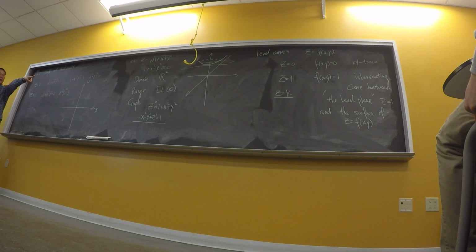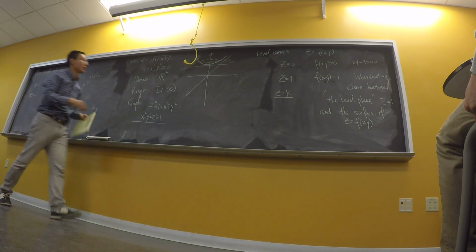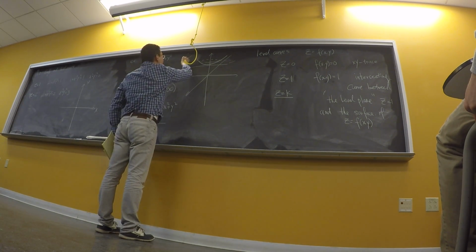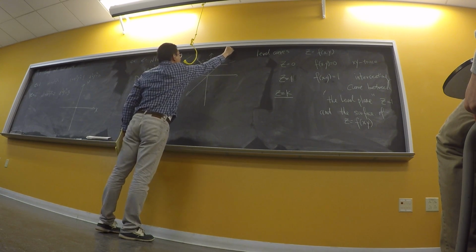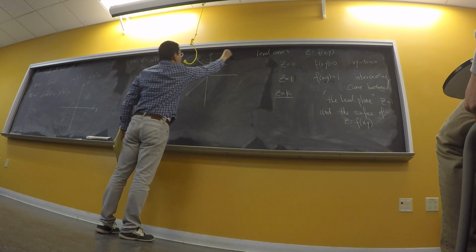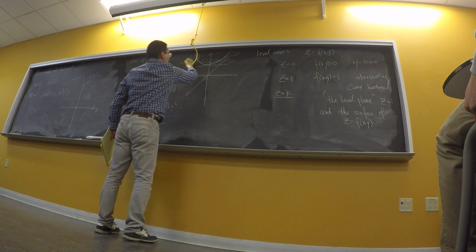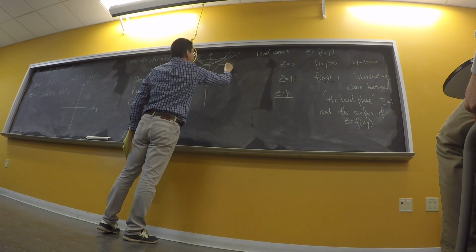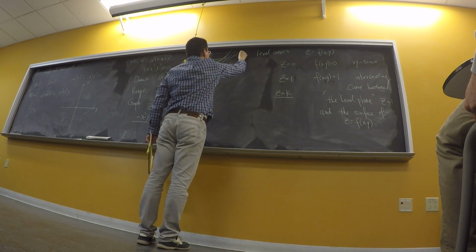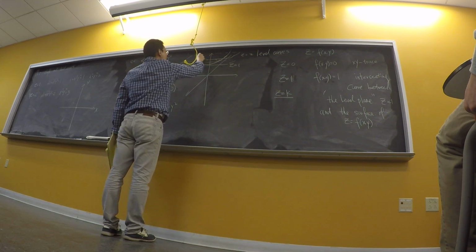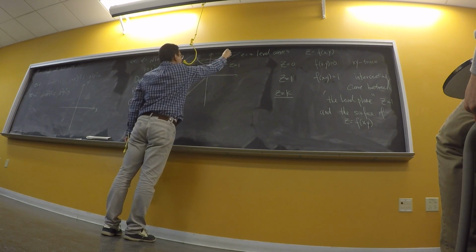In the surface, we're looking at the intersection between a different level plane with the surface, so this is z equals 1, this is z equals 2.